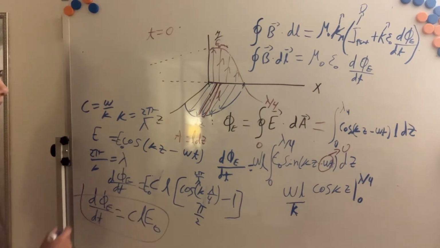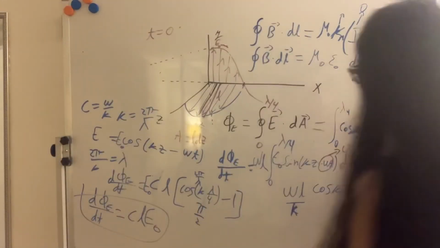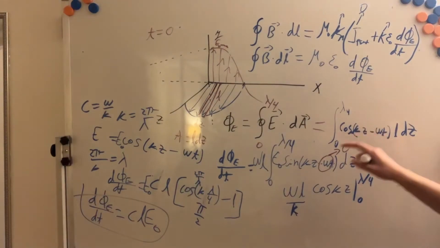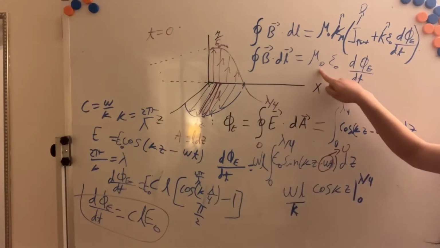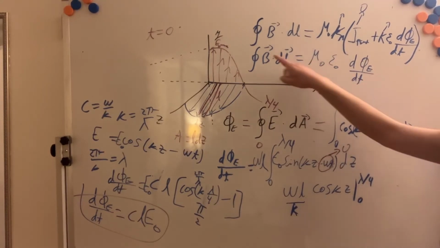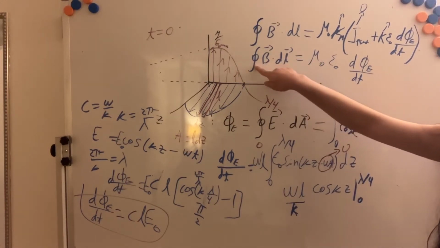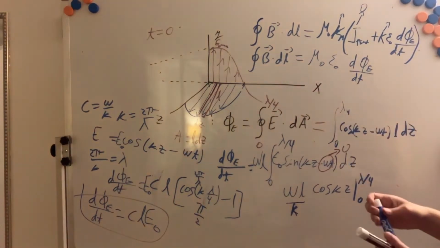So we have this first part. So then we will multiply this times mu naught and epsilon naught, and then we want to find the closed loop of B dot dl.